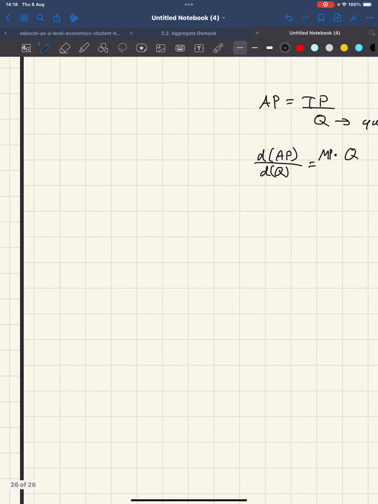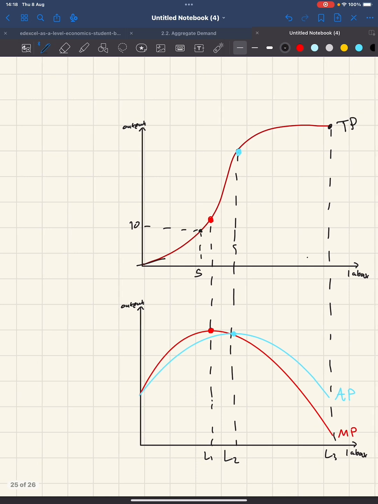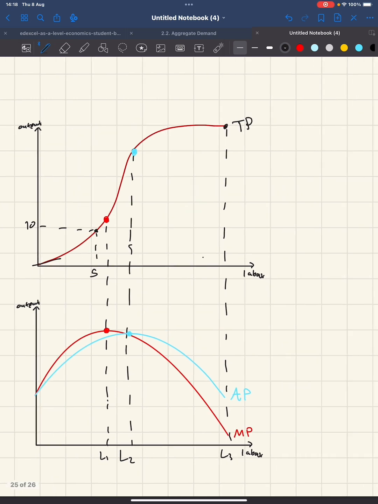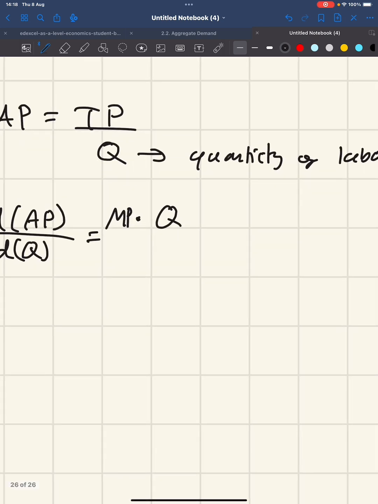As we looked at before, when we differentiated this graph, we get the gradient, which is the rate of change of output with respect to labor, which is just marginal product. So it's marginal product times Q minus total product times the differential of Q, which is just 1, over Q squared.